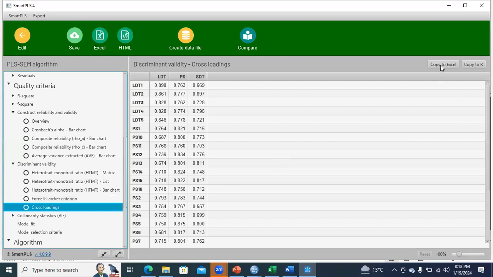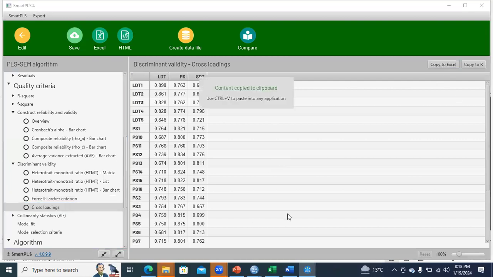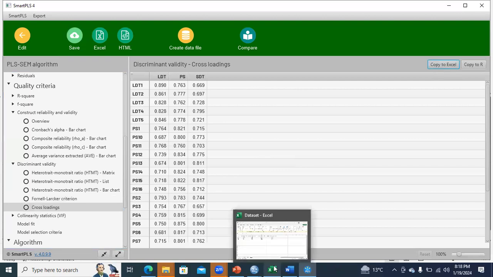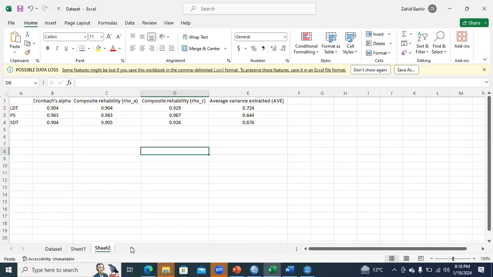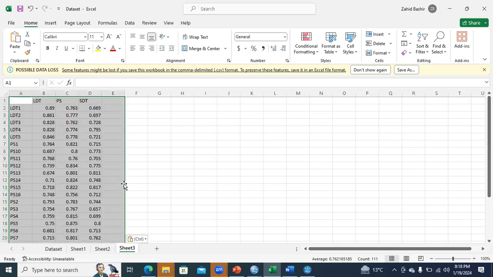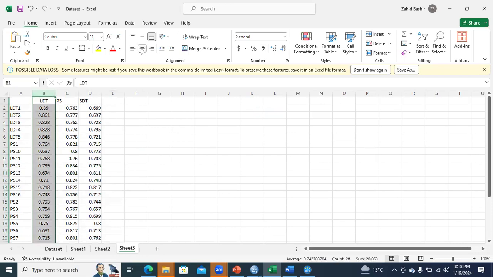So how can we understand the cross-loading? You need to copy it from here, like I would copy here. So how do we understand whether there is no issue of cross-loading? You can see that our main construct is LDT, and we are measuring it with LDT1, LDT2, LDT5. Using these five items, we are measuring the main construct LDT.